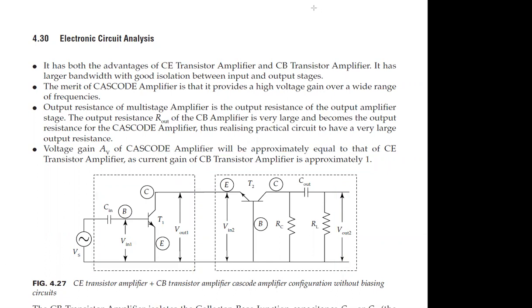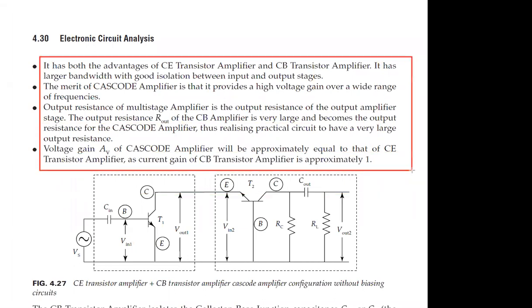Okay, and these are the general features. These statements can be verified by the analysis. All the statements can be verified by using the analysis of CE plus CB, that is, the two-stage configuration. When we do the h parameter analysis, you can calculate the voltage gain, current gain, input impedance, output impedance, input impedance considering the load, source resistance, voltage gain considering the source resistance AVS, current gain considering the source resistance AIS.